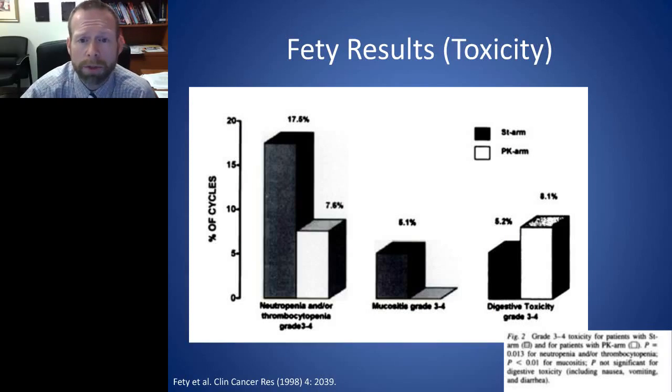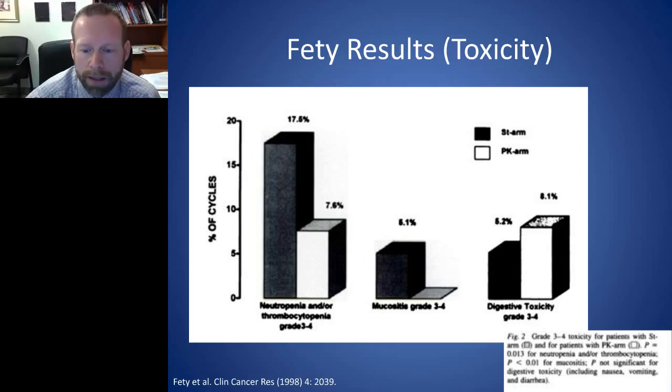And so the results are pretty interesting. They look at both efficacy and toxicity. If you look at this, the dark histogram box right here is the standard dosing arm, milligrams per body surface area, and the white box is for those that had pharmacokinetically guided adjustments.